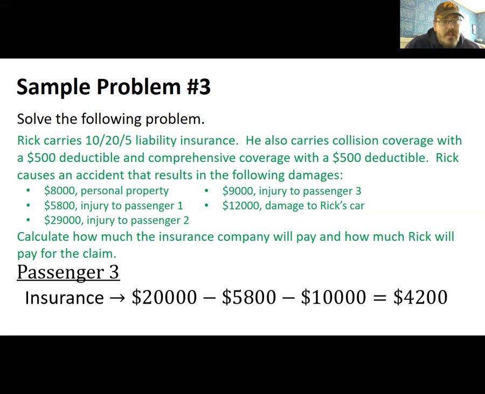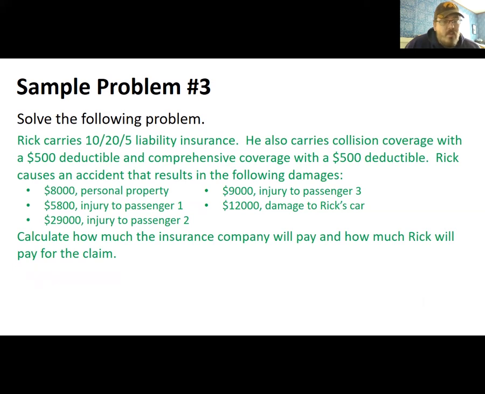So the insurance company is only going to pay $4,200 for person number three, which means Rick has to pay the balance, which is $4,800. Again, we'll come back to these numbers in a second when we tally things up.